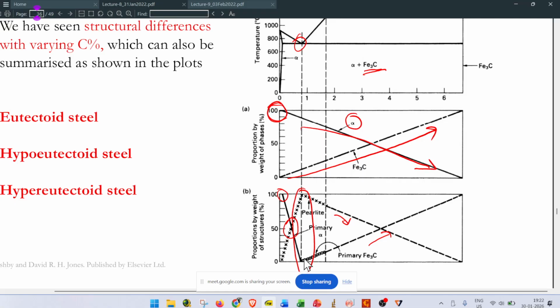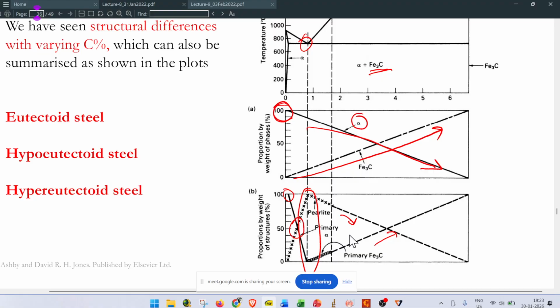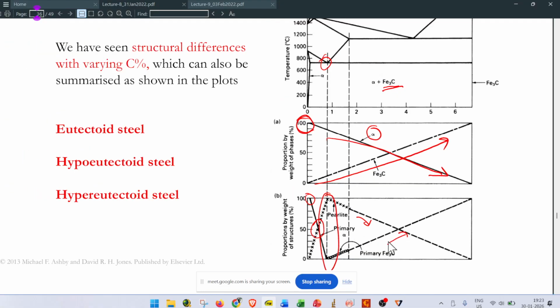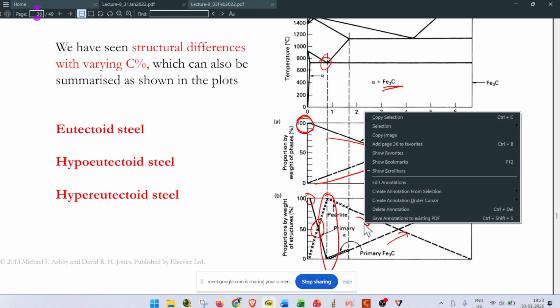After 0.8 percentage, the Fe3C phase will start increasing and the pearlite phase will start decreasing, up to 6.67 percentage. Up to 2 percentage we call it steel. A similar trend and similar microstructure changes will follow, but the amount ratio of Fe3C to pearlite will change.